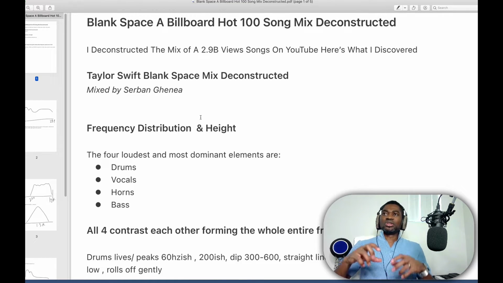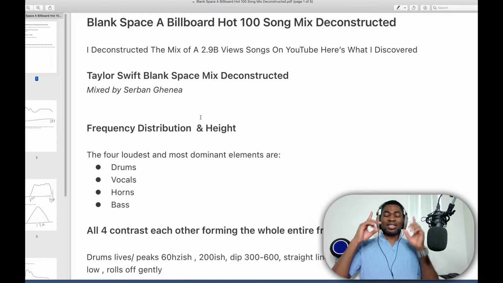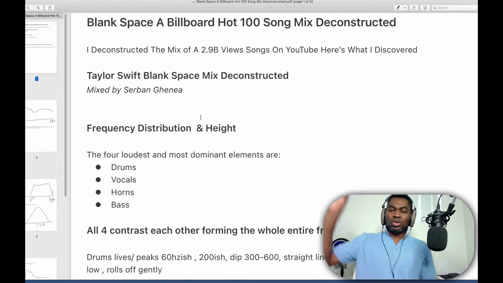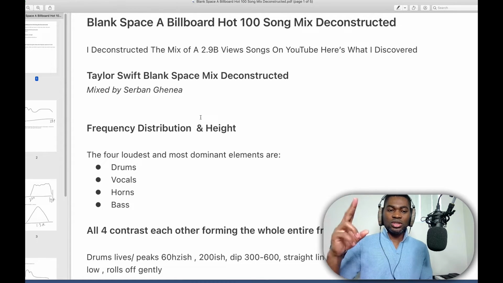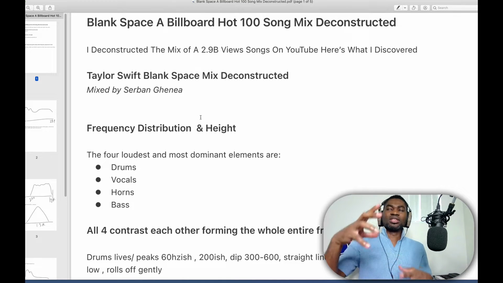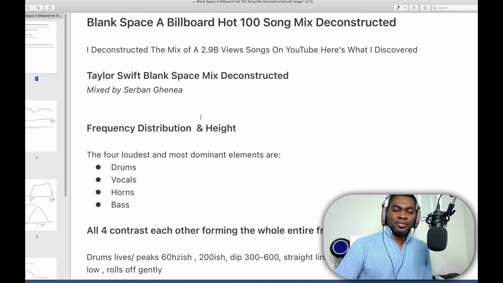Even though drums has different elements, kick, snare, hi-hat, blah blah blah, you have to look at it as one unit. When you go to a stage and you see drummers playing, it is one unit. Then the vocal, which is the lead vocal and the background section, is one unit too. Then the horn sections are one unit, and the bass is one unit. Those are the 4 components of the song.